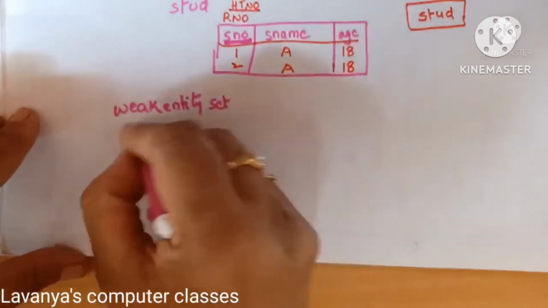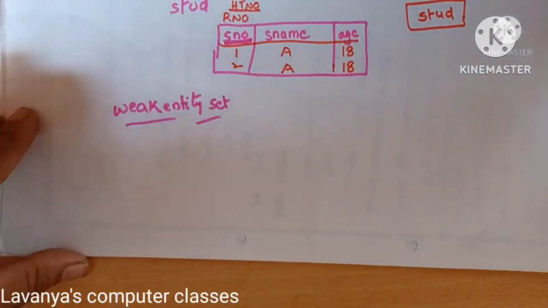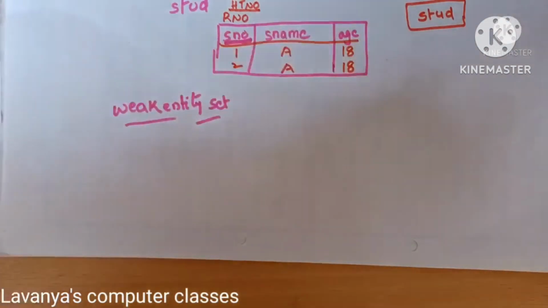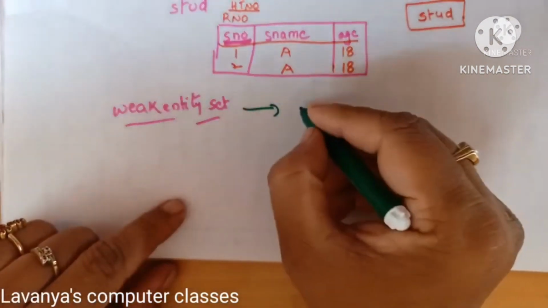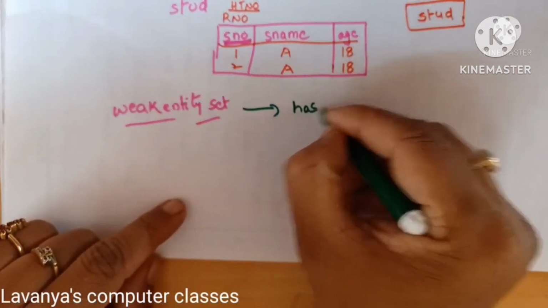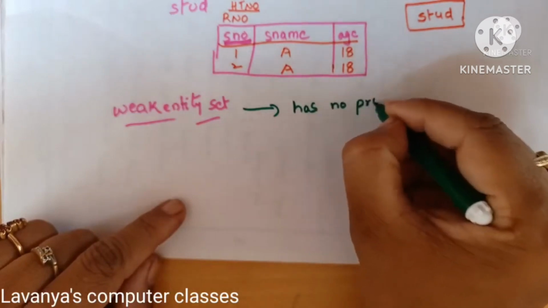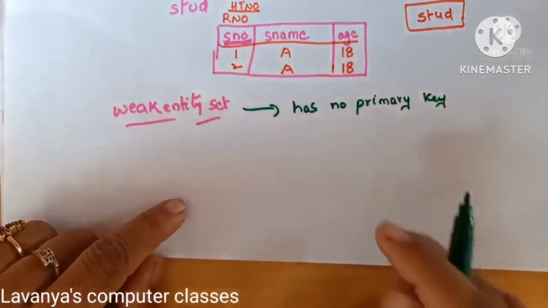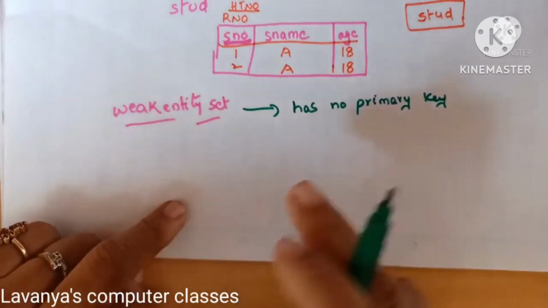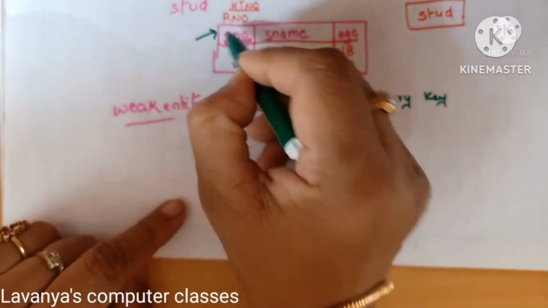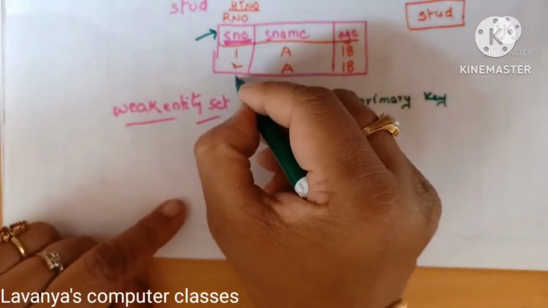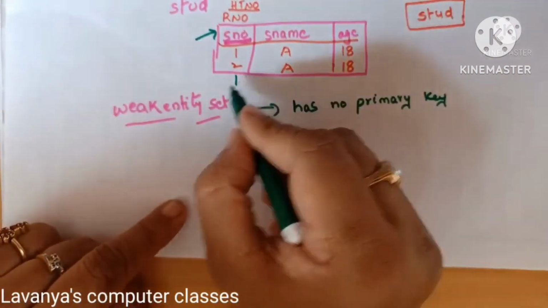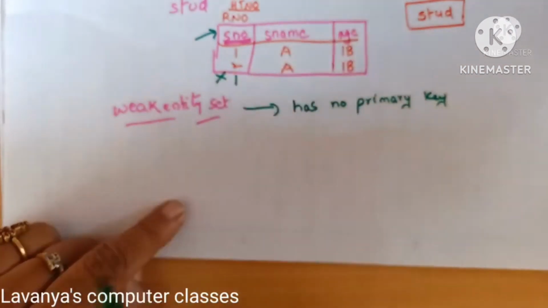That means it is not possible to identify any record uniquely, or otherwise, the entity set has no primary key attribute. It is called a weak entity set. If it is a primary key, for example, I will give one more student whose roll number is also 1, it is immediately not accepted.